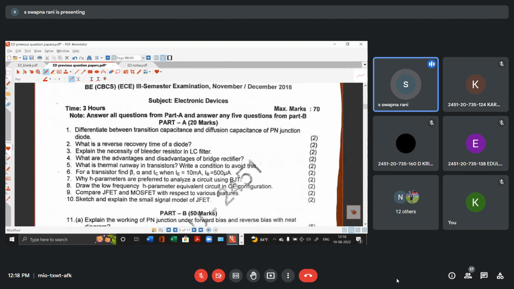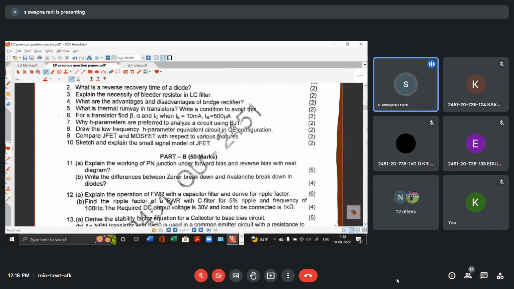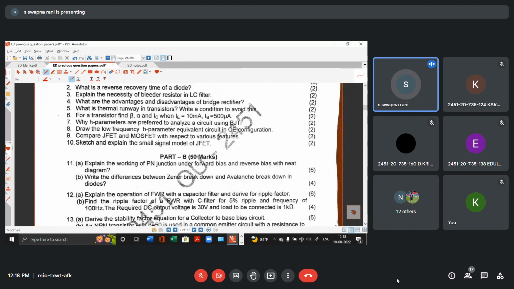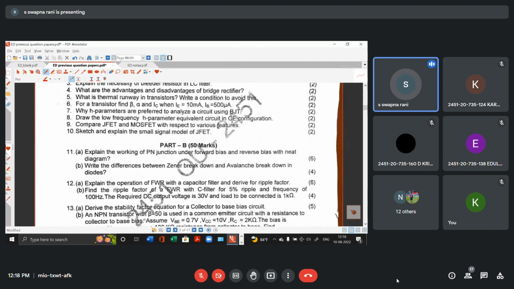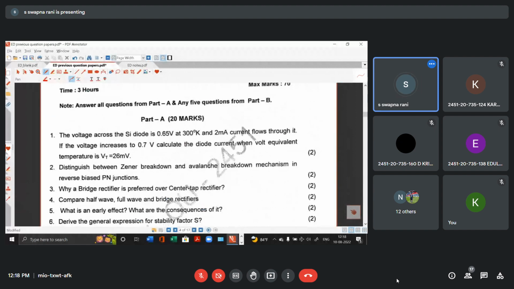And if you observe here again, transition capacitance, diffusion capacitance. See here, explain the working of PN junction diode, breakdown mechanisms. So far, PN junction diode is getting repeated and breakdown mechanisms is also a repeated question.